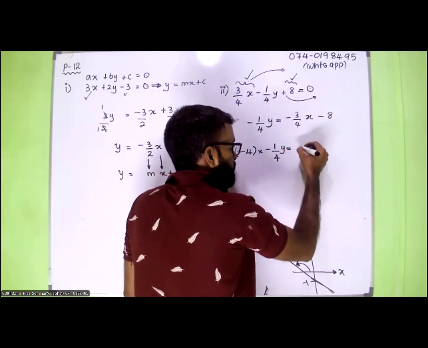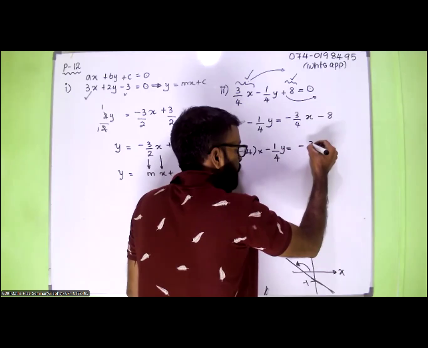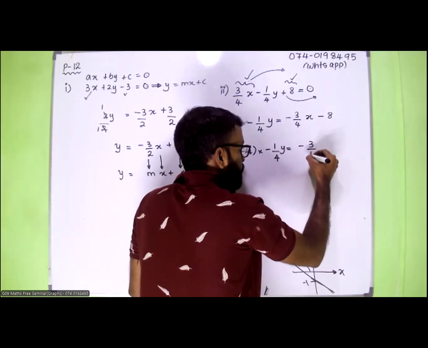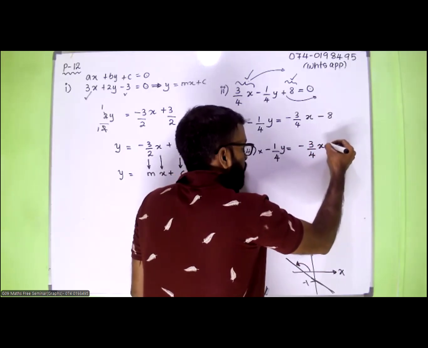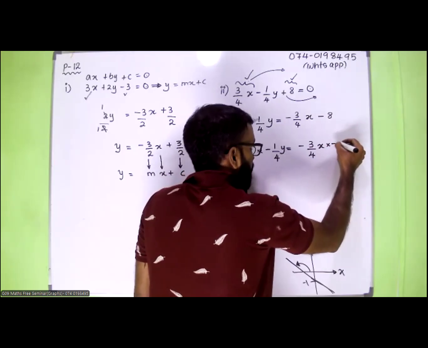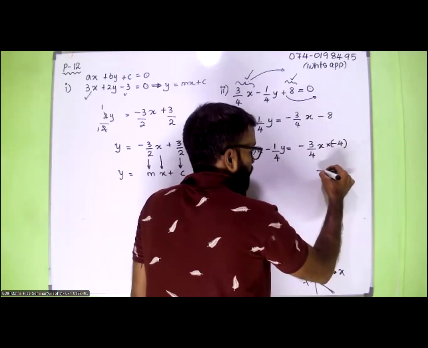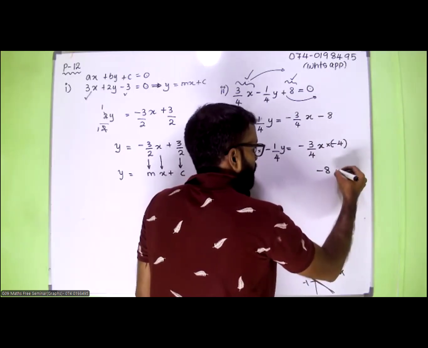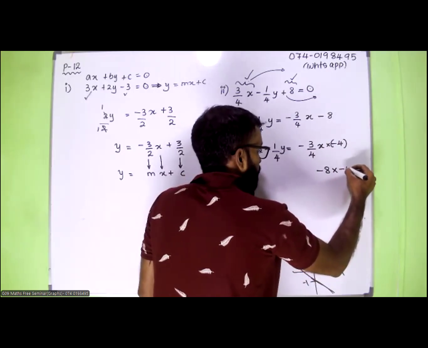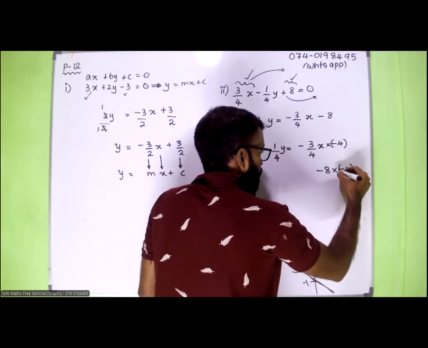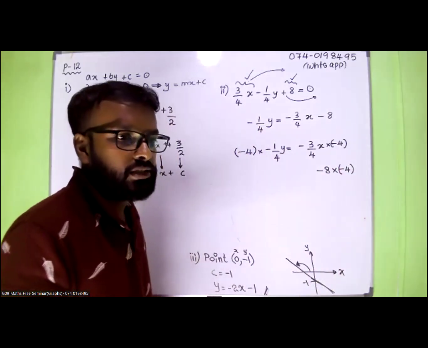Here I have minus 3 upon 4 x, multiplied by minus 4. Here I have minus 8, minus 8 multiplied by minus 4. Did you guys understand?